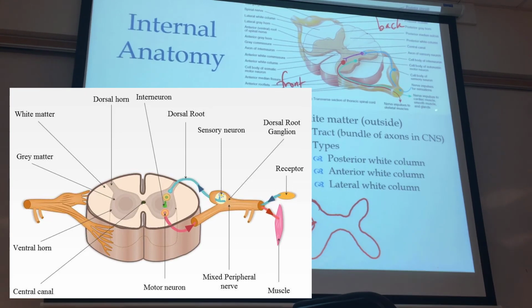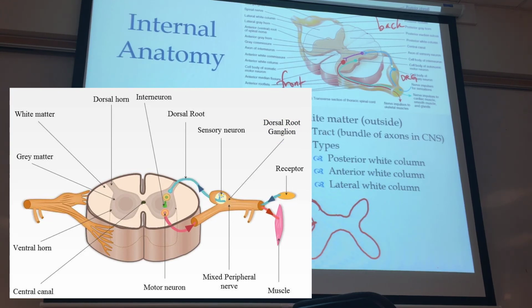Sensory information flows in. You notice our sensory neurons. We'll talk more about our sensory neurons. We have our unipolar cell bodies located in what's called the dorsal root ganglion, DRG. It's this bulbous area on the dorsal root that contains our cell bodies.